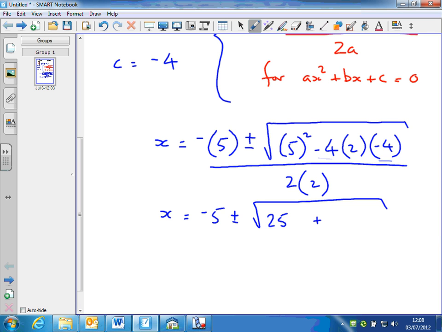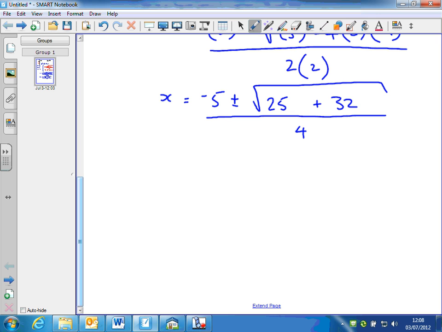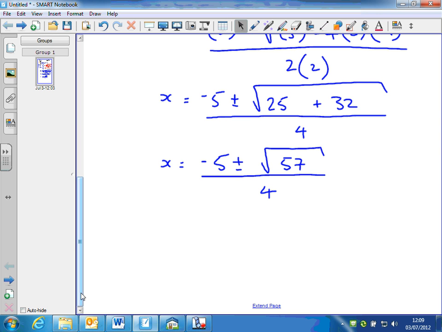So you end up with plus 32, all over 2 times 2, which is 4. Then carrying on, x equals minus 5 plus or minus the square root of 32 plus 25, which is 57, all over 4.